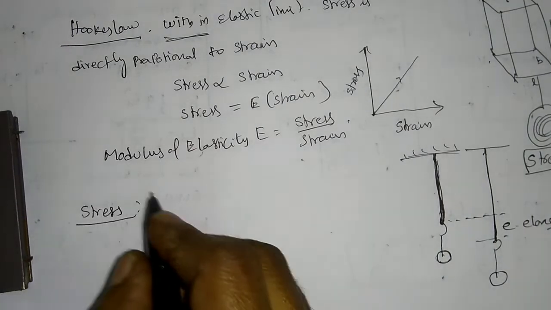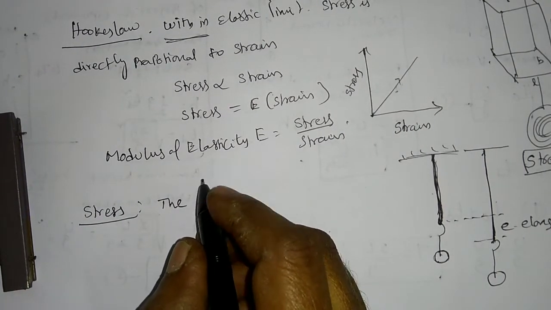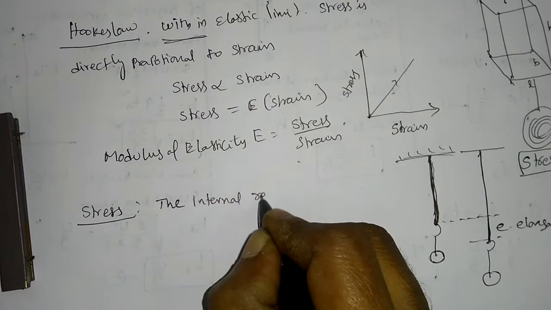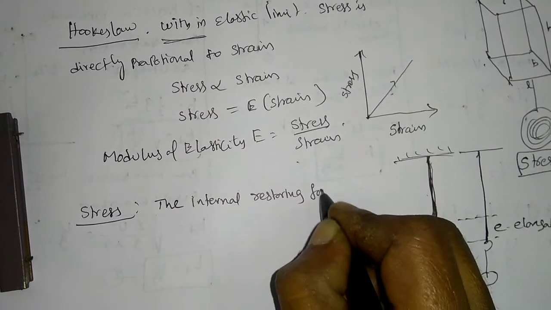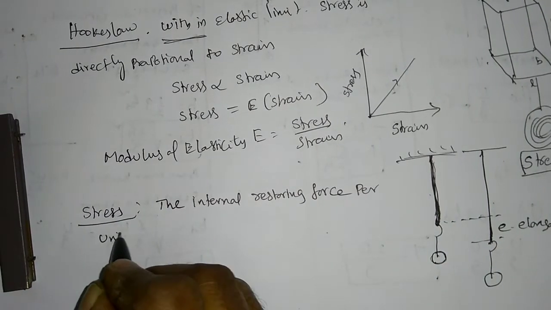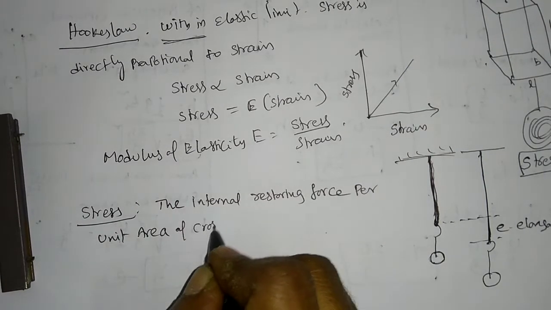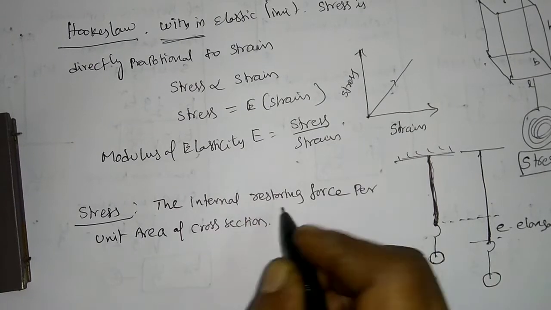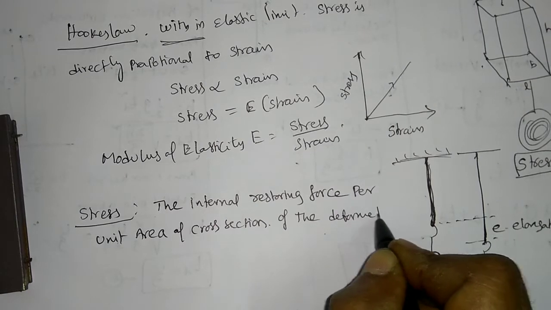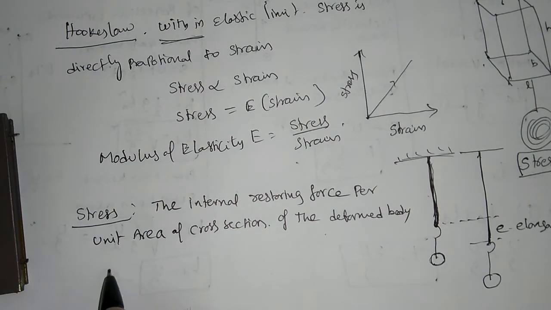So simply the definition of stress is the internal restoring force per unit area of cross section of the deformed body is called stress, or simply it can be represented mathematically.